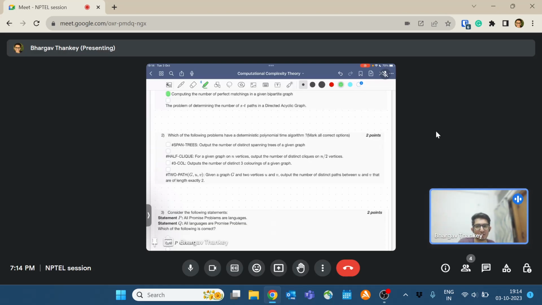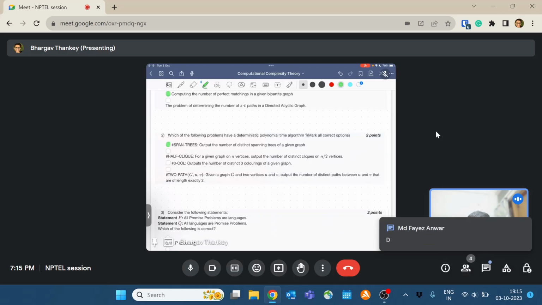So for which of these do we know polytime algorithms? Okay, so A is true, but D is also true. A and D both are true.